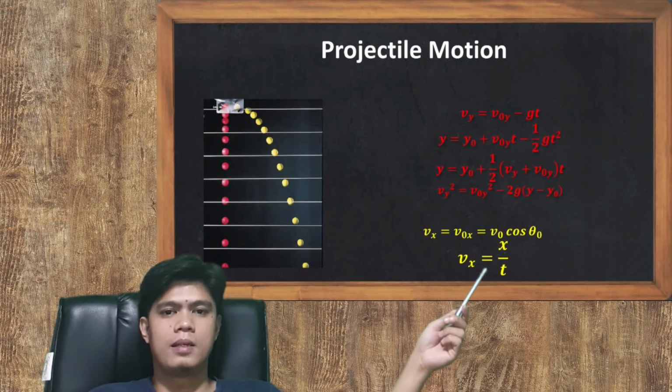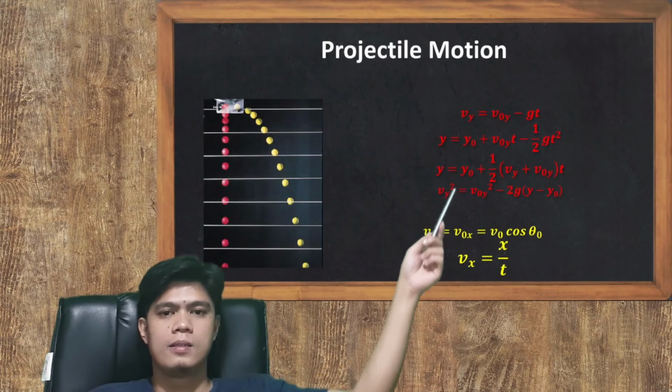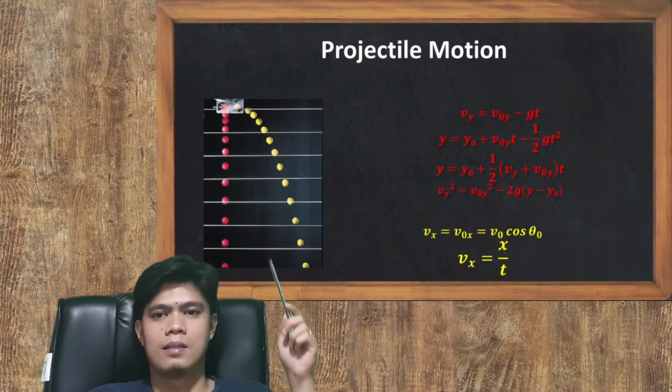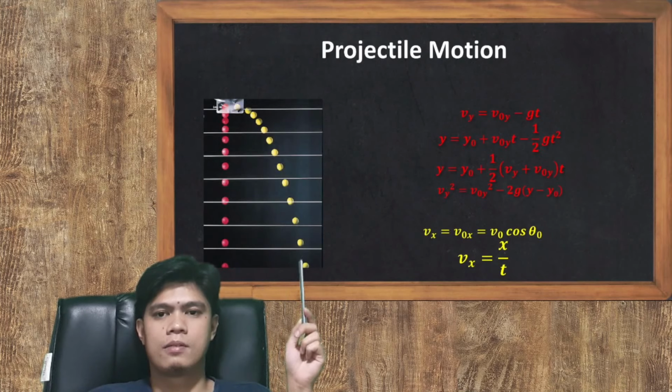Okay, they only intersect at the value of time. So meaning the time in y is equal to time in x, meaning the time it falls is the same as the time it travels from here to here. Okay, you should remember that.